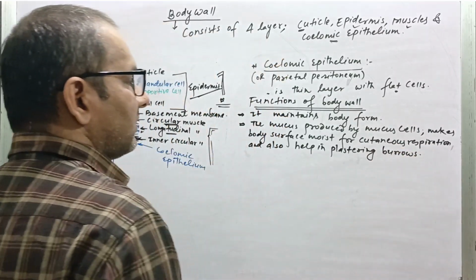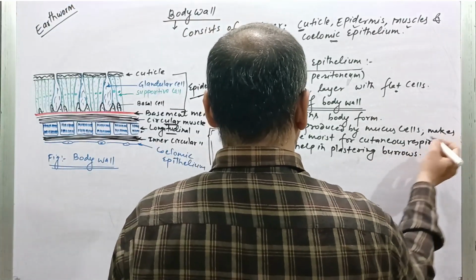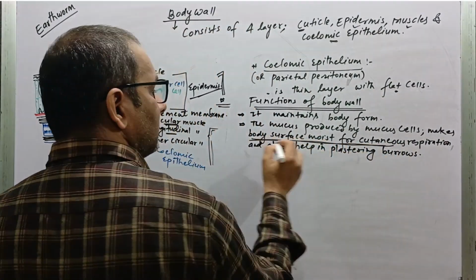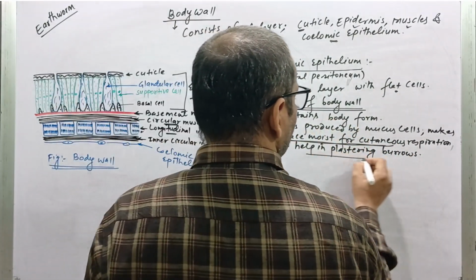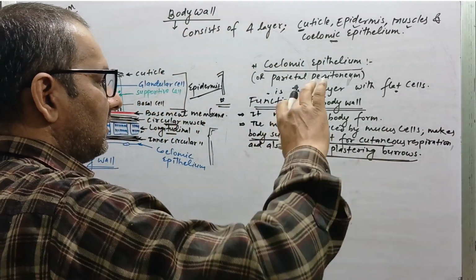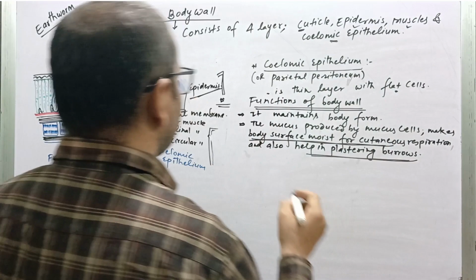So mucus performs two functions. One is that it makes the body surface moist for cutaneous respiration, and the other is plastering of the burrows, making the inner surface of burrows smooth.